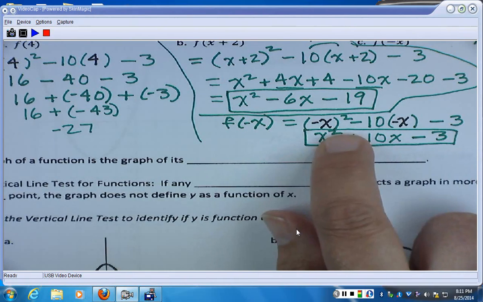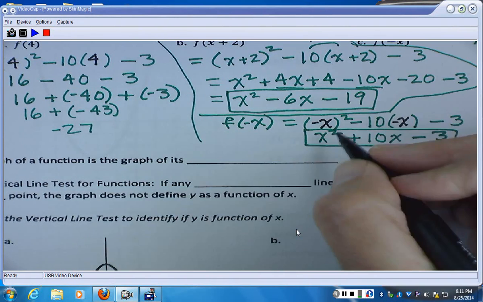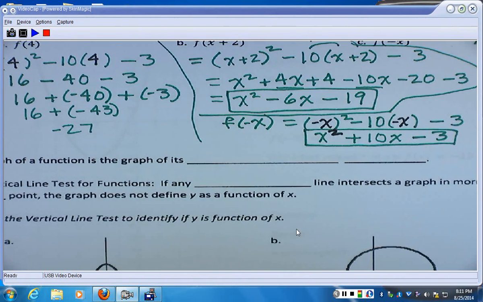Where this is a squared. Can you see the squared? Yeah, I'm just saying if you squared negative x, would it not be just positive x? No. You get x squared. If you square negative x, you get x squared. If you square x, you get x squared.